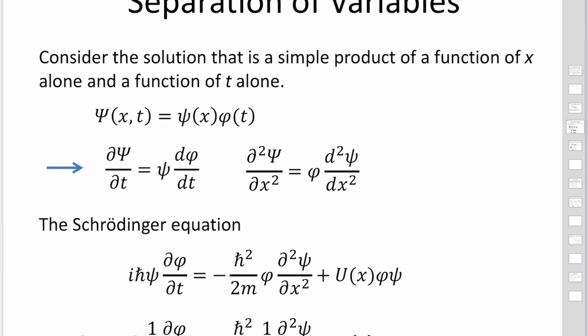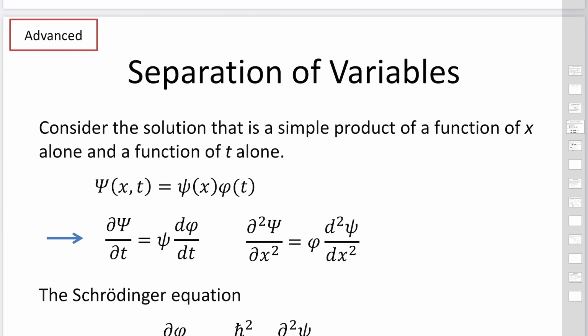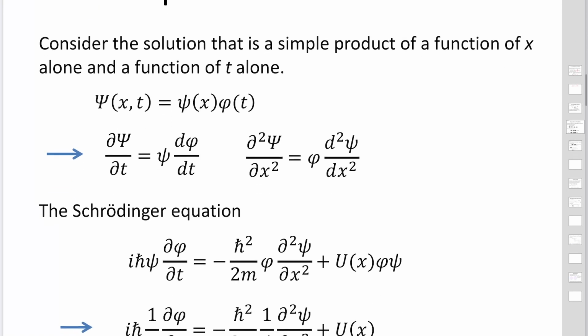Separation of variables. Consider a solution that is a simple product of a function of x alone and a function of t alone. So the wave function is expressed as the product of the two functions. Lower case psi is a function of x. Lower case phi is a function of t.